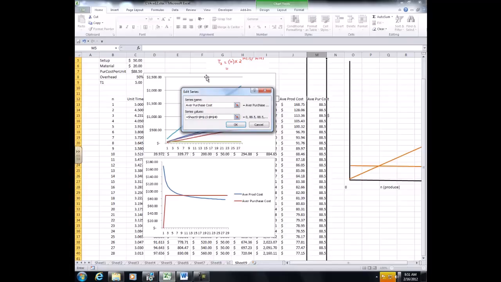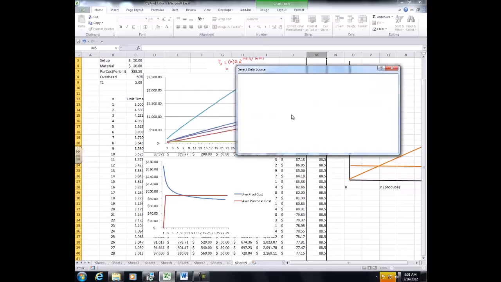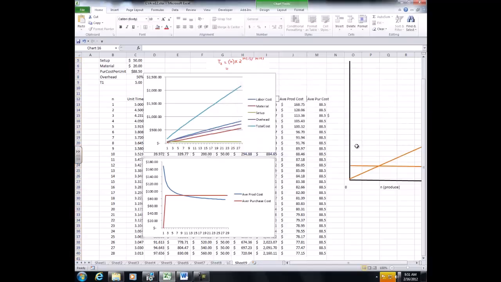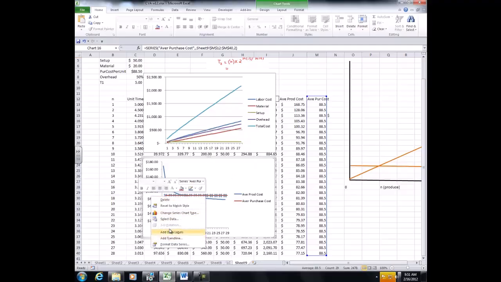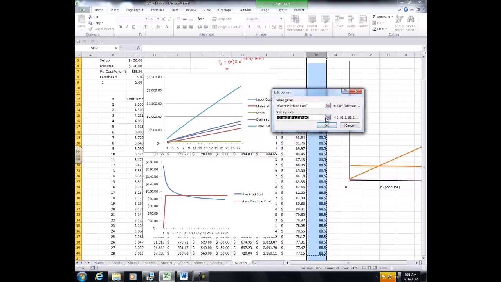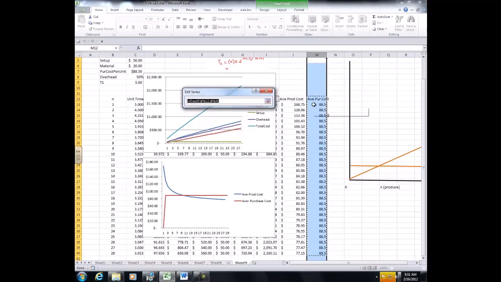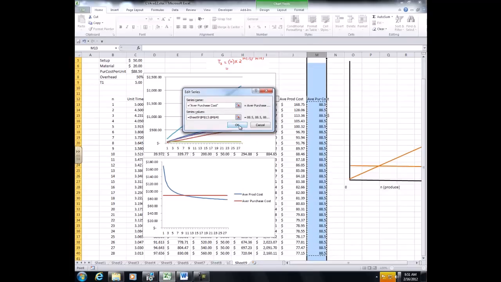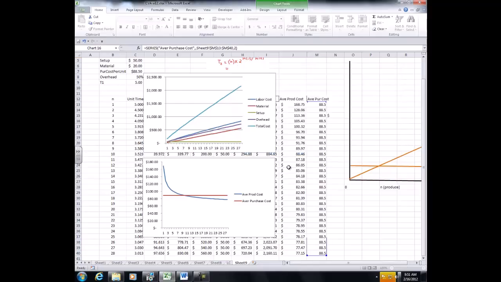I'll put 813 there. Let me redo that. Computer is slow in responding. All right, so there it goes. There it is.